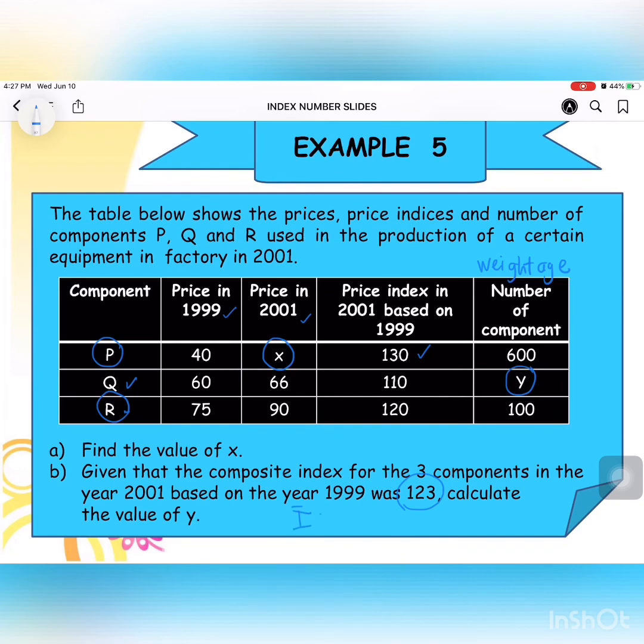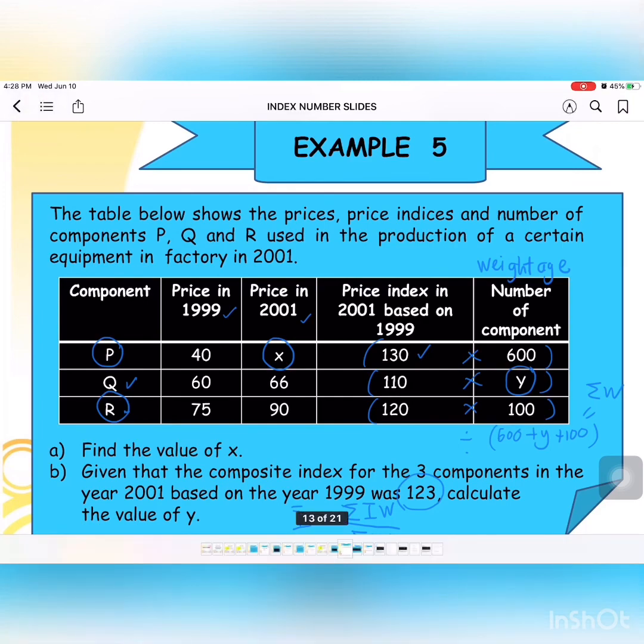It's I-bar equals the sum of price index times weightage divided by the sum of weightage. So this one should be multiplied with this one, and this one with this one, and then you divide it by 600 plus Y plus 100 for the sum of weightage.